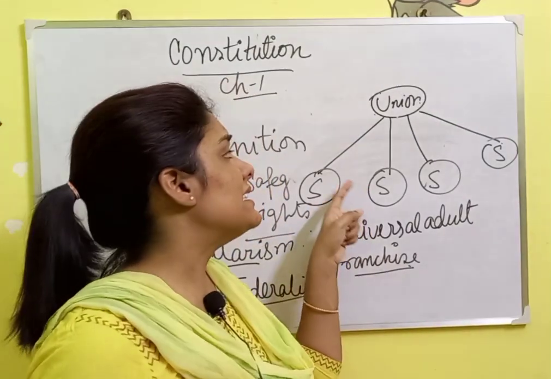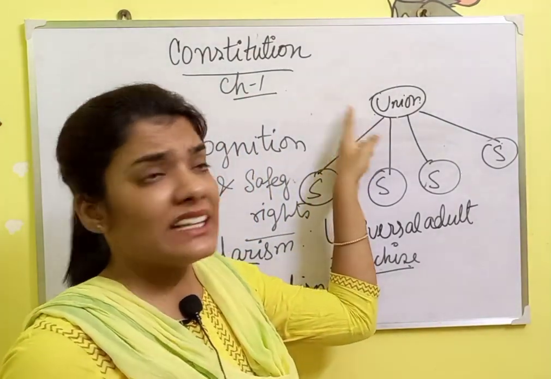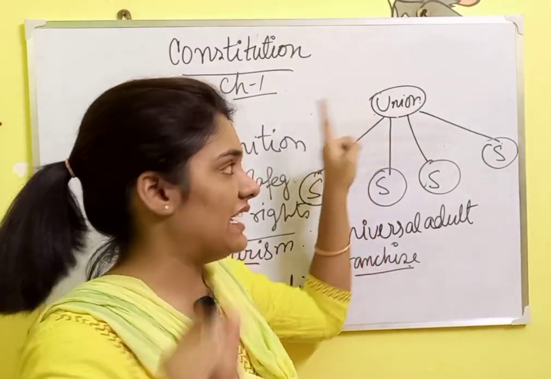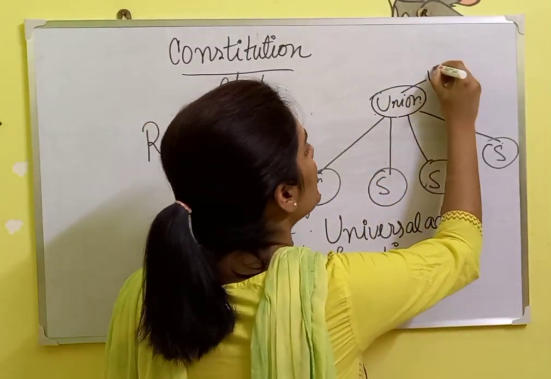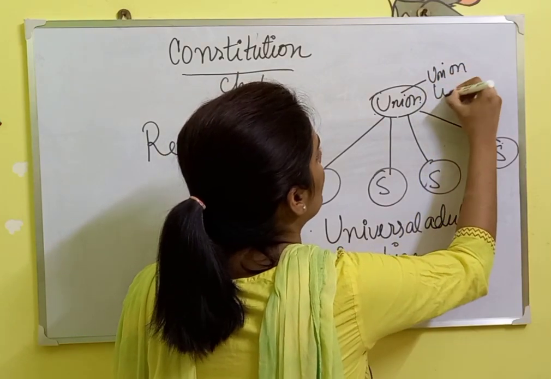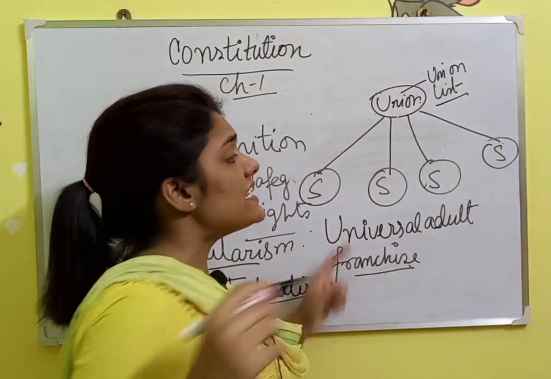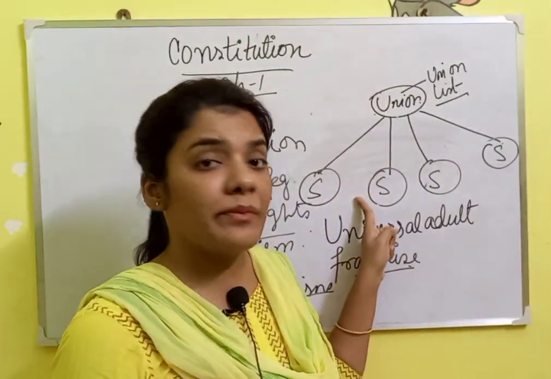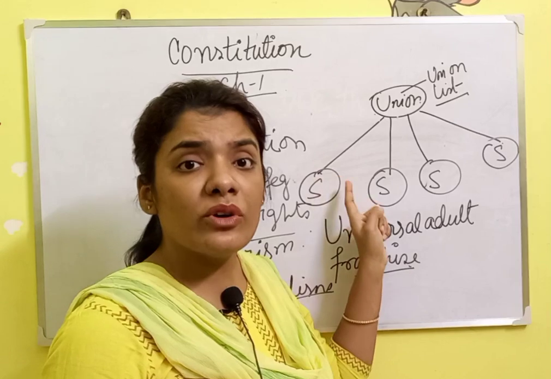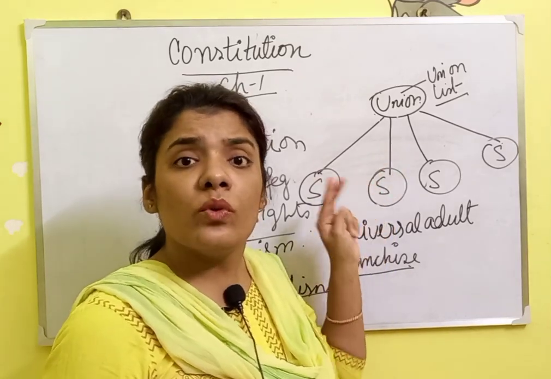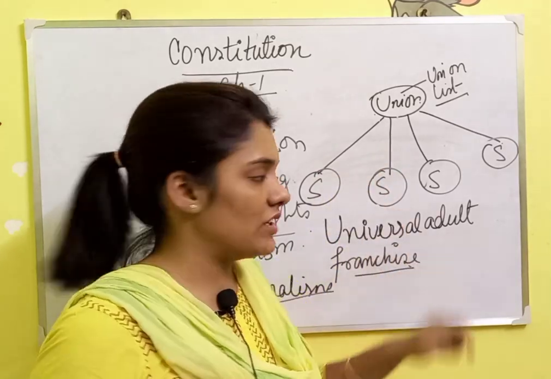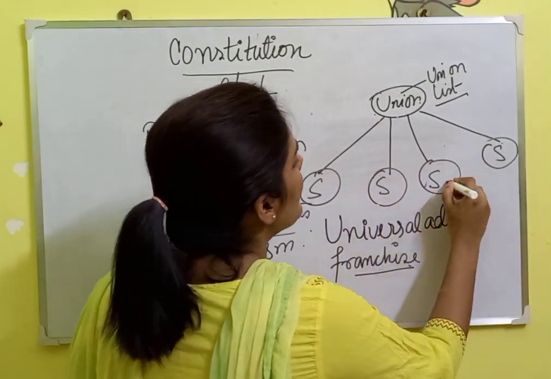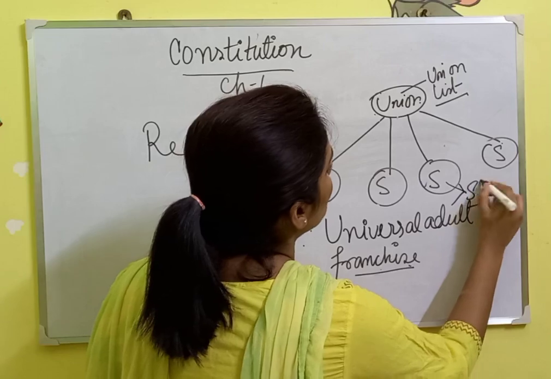Okay, now this union government works independently, and it works according to the union list. Whereas the state governments also work independently. Both the state government and the union government work according to different lists actually. See, the union government, I told you, works according to the union list, whereas the state government works according to the state list.